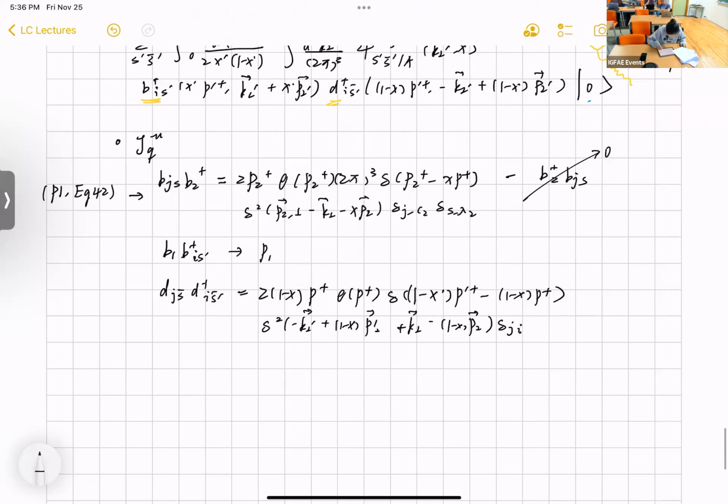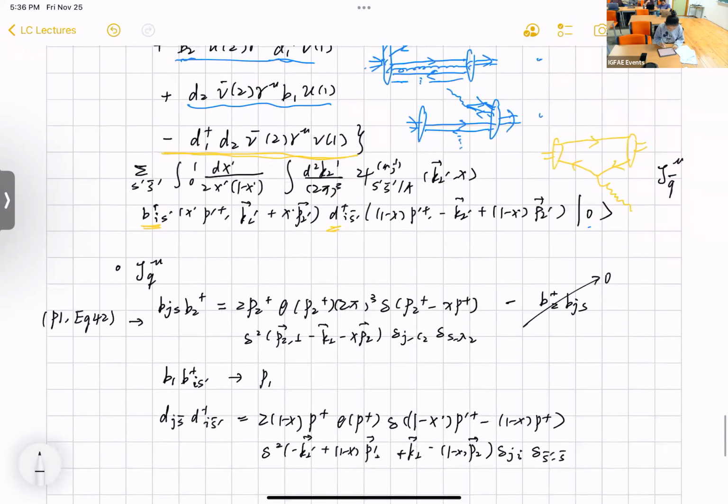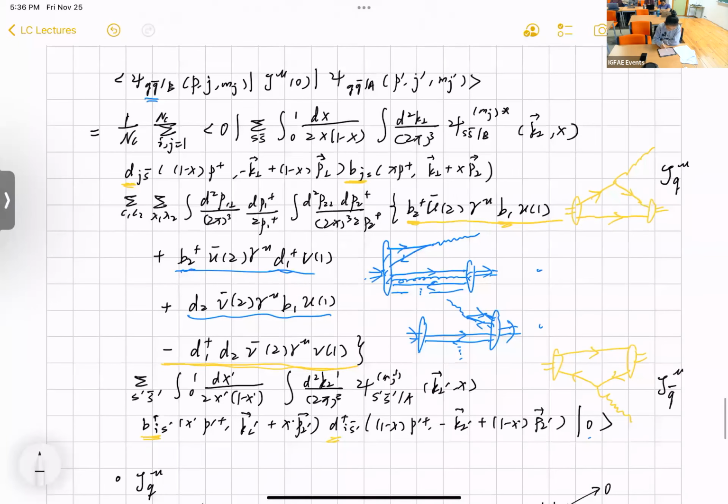Recall that this is the color index, and then the s bar. So we have three sets of this contraction, and we get the delta functions, and altogether we have four sets of integrals over the momentum.